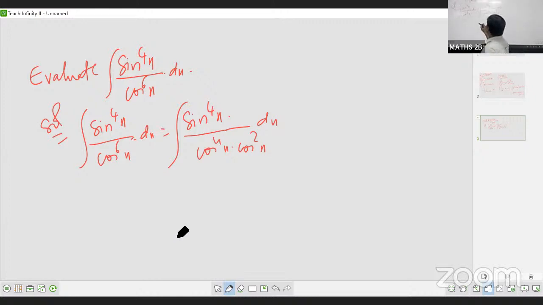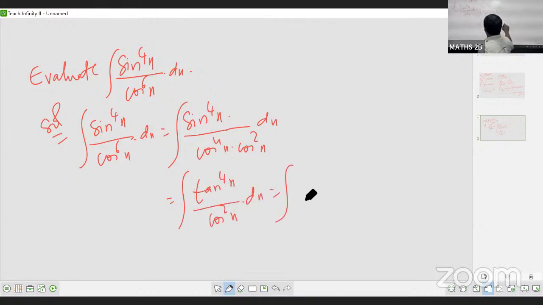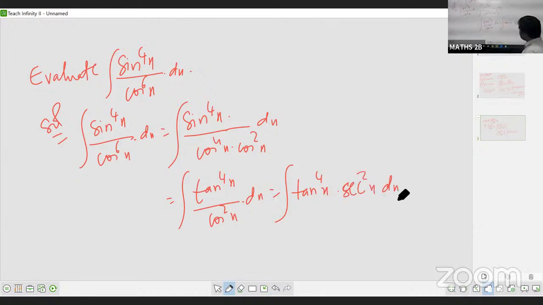So clear? Sin power 4 by cos power 4 is tan power 4x by cos square x dx. It's nothing but tan power 4x into 1 by cos square, which is secant square x dx.